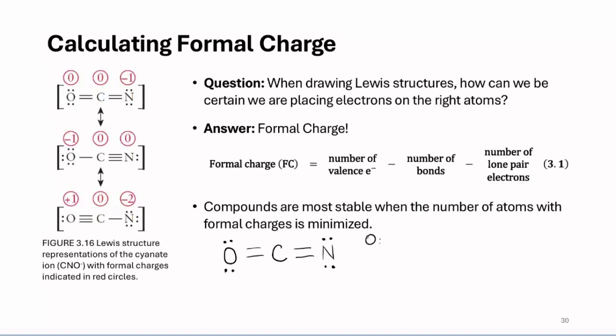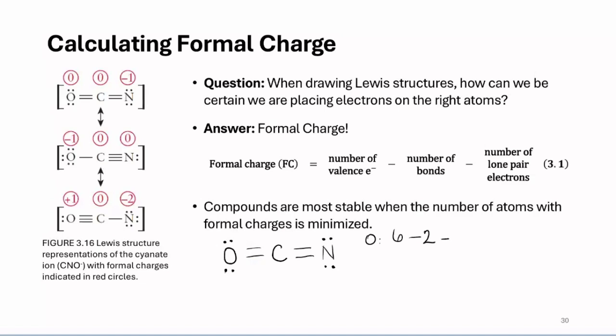I'm going to determine the number of valence electrons in oxygen, which is going to be 6 because oxygen lives in group 6A. Next, oxygen has specifically two bonds, this one and this one. So I'm going to take 6 minus 2.